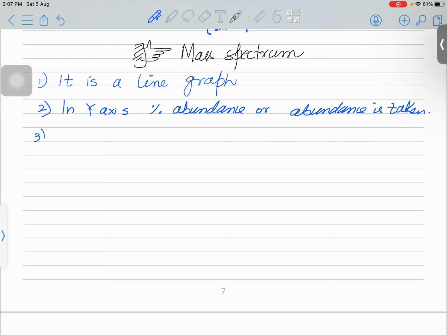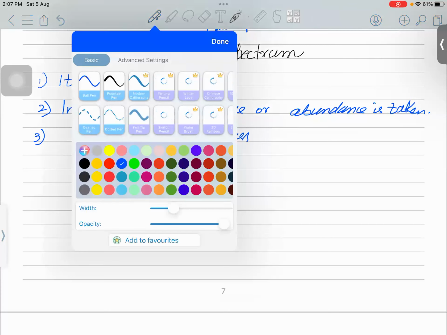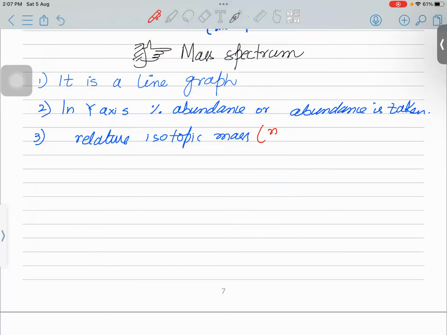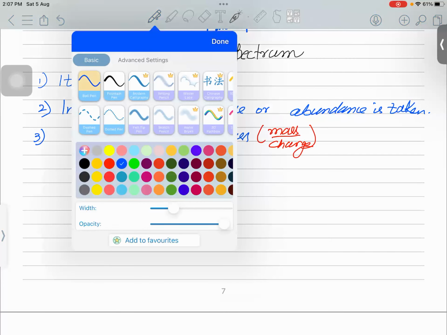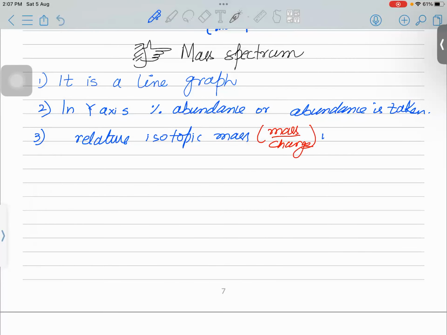Now number 3, relative isotopic mass, or you can say mass over charge ratio, is taken on the x-axis.